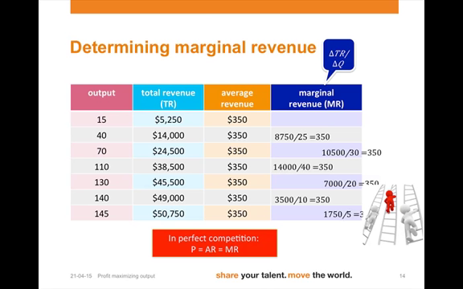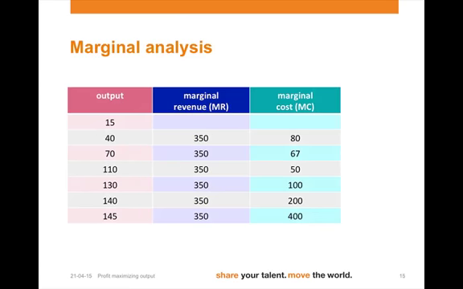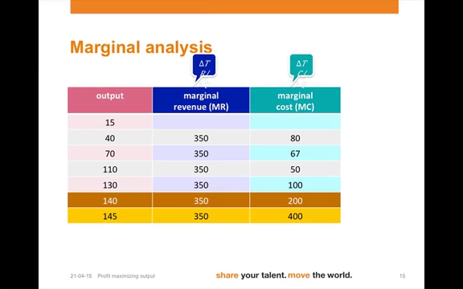If we then look at the marginal analysis, and we put them in one table, the conclusion is simple. The firm will produce up to the level where marginal revenue exceeds marginal cost. So as long as my marginal revenue is higher than my marginal cost, I will continue producing.